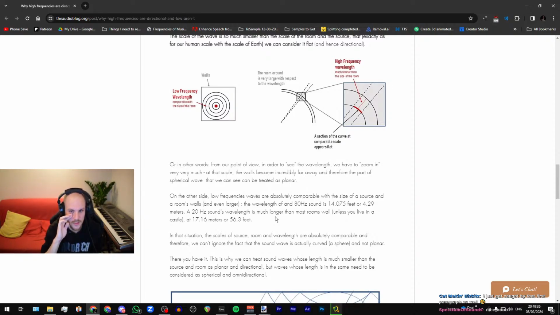I think what they're trying to say is, given a sound wave, if it's high frequency, you can think of it as a plane moving to you, a flat surface of sound moving to you. Whereas for low frequencies, because there are standing waves and all kinds of acoustic problems, you cannot really think of it that way.